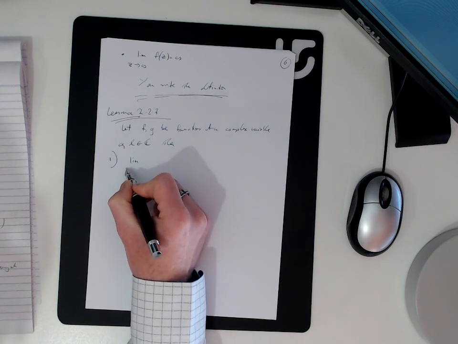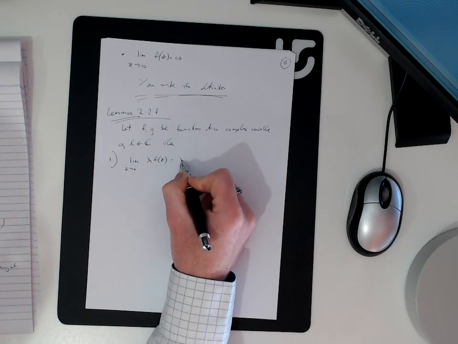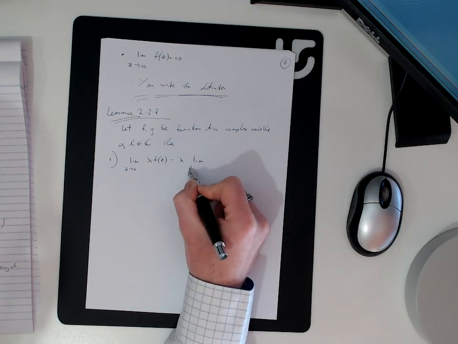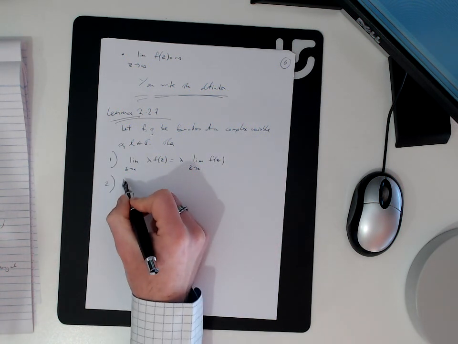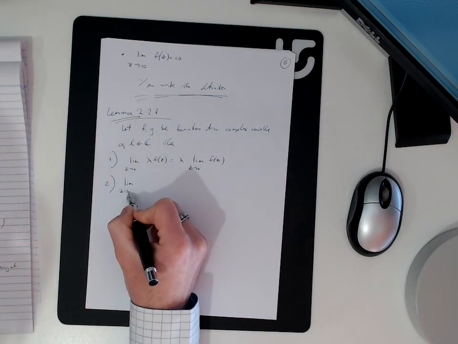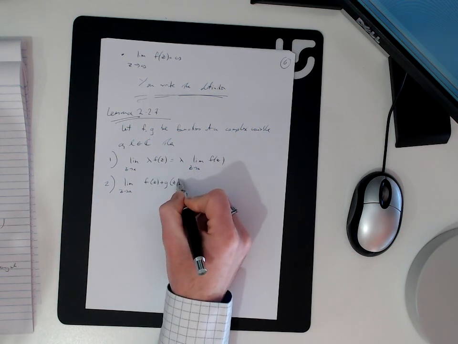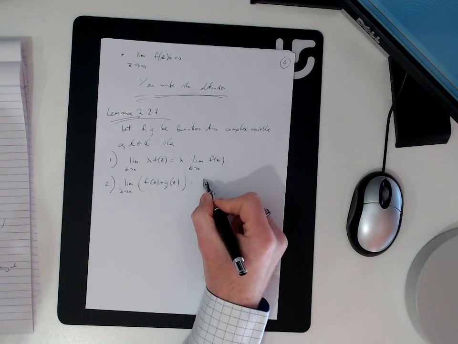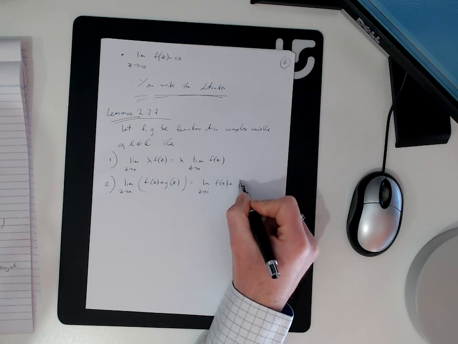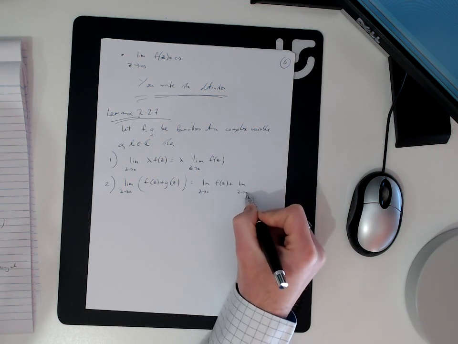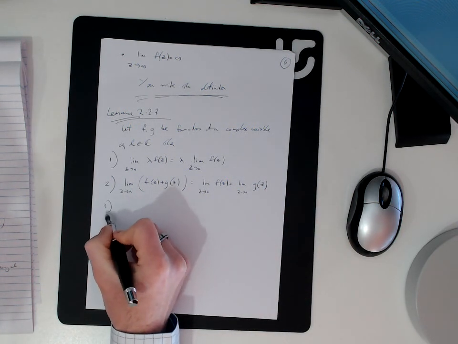The limit as z goes to a of λ times f(z) is λ times the limit as z goes to a of f(z). 2. The limit as z goes to a of f(z) plus g(z) is equal to, well, it's the sum of the individual limits. Not so surprising. Just like real numbers.